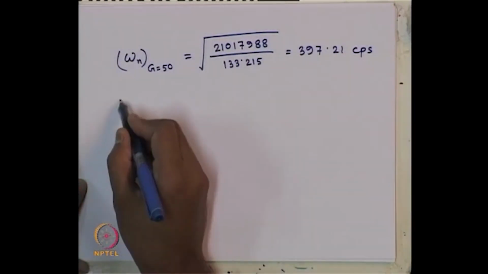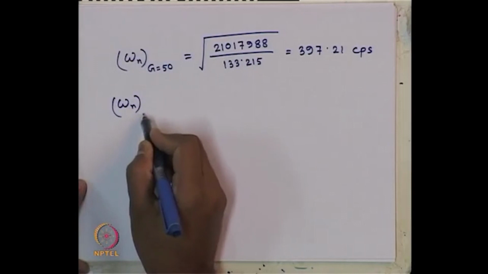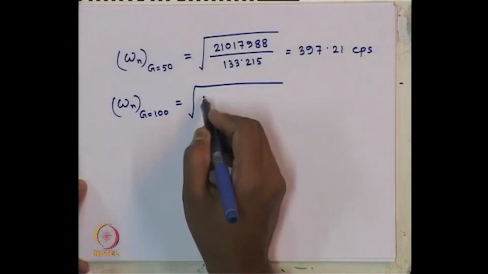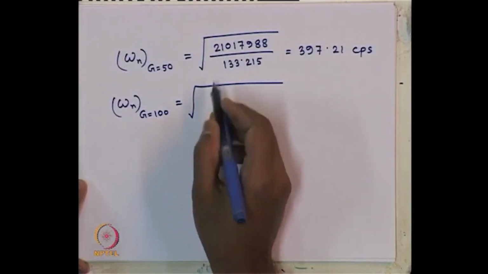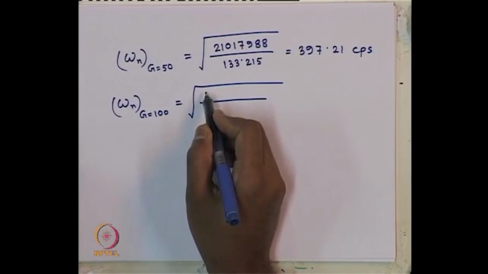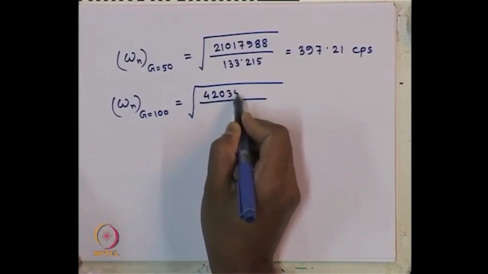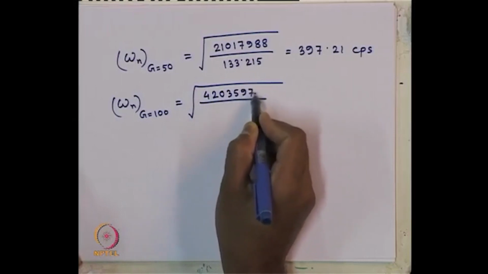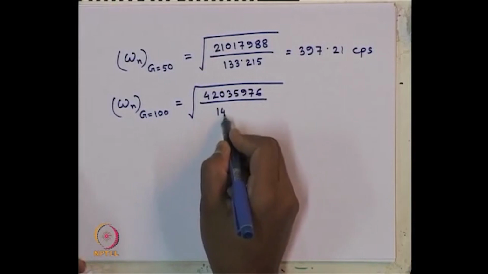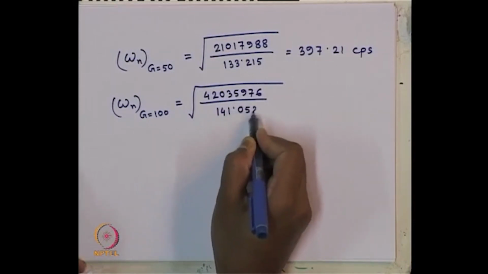Okay. Omega n for G equals to 100, the K value is double of this. So, we have calculated it as 42035976, and what is I psi? I psi we have calculated as 141.052.